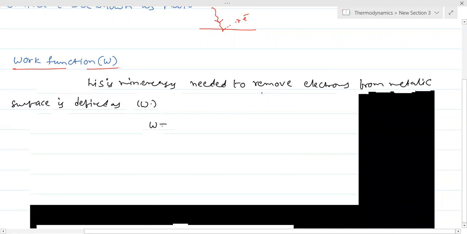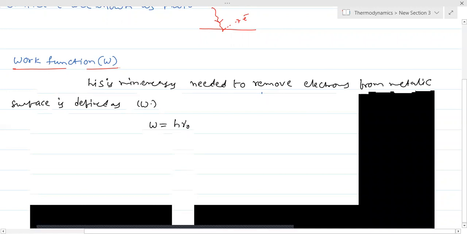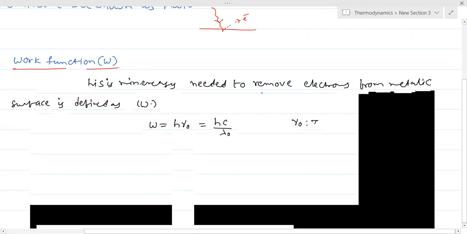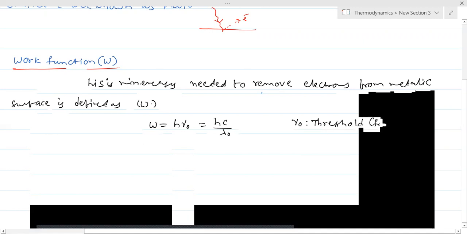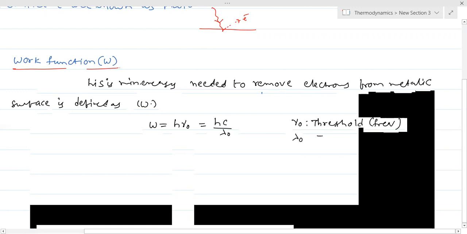So W equals h nu naught, or h c by lambda naught, where nu naught is the threshold frequency and lambda naught is the threshold wavelength.